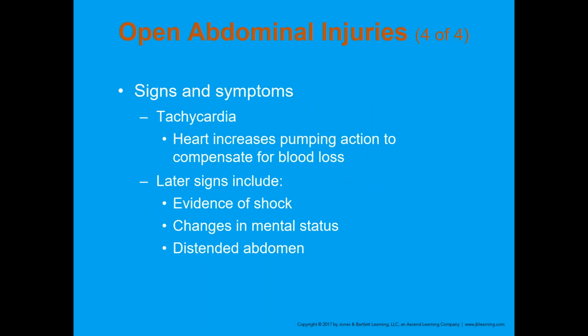What do we expect for signs and symptoms? Well, pretty straightforward. We're going to see an increase in heart rate, so we'll have some tachycardia. Body's trying to compensate for blood loss. And what chemical has it released in order to try and compensate for that blood loss? Epinephrine. So we've got epi on board. Our patient's going to speed up. We're going to see peripheral vasculature starting to clamp down and close off, so we'll see that pale, cool, diaphoretic skin.